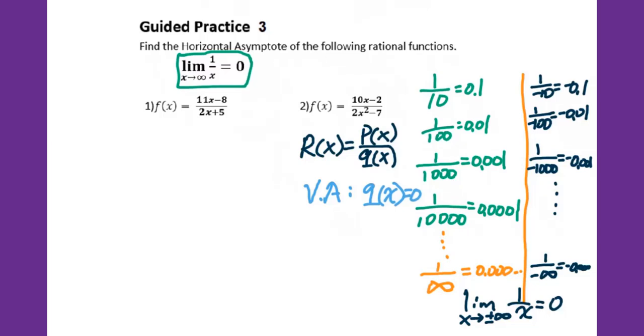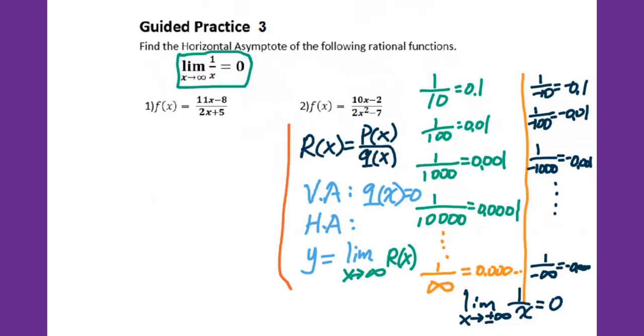For the horizontal asymptote line, we got to use the limit. So y equals the limit as x tends to infinity of r of x. Since we already learned limit, this time we use limit to figure out the horizontal asymptote line.